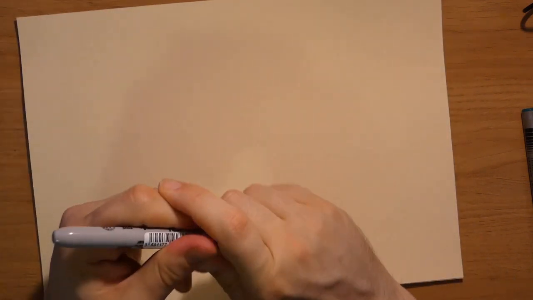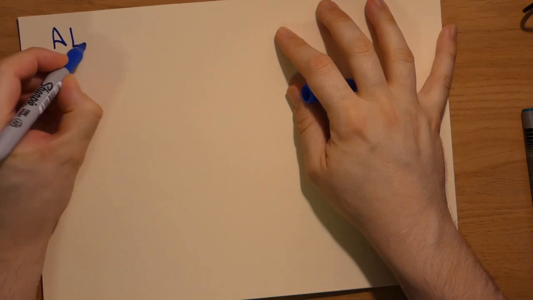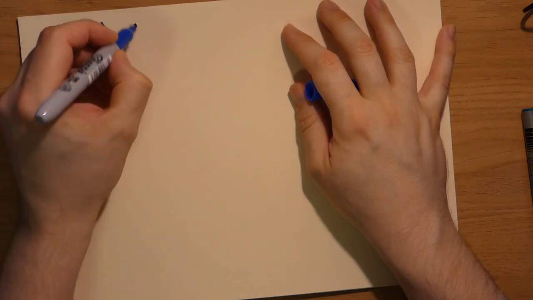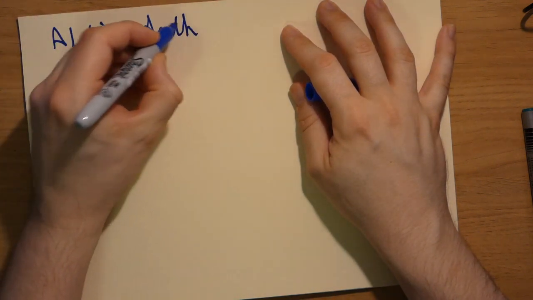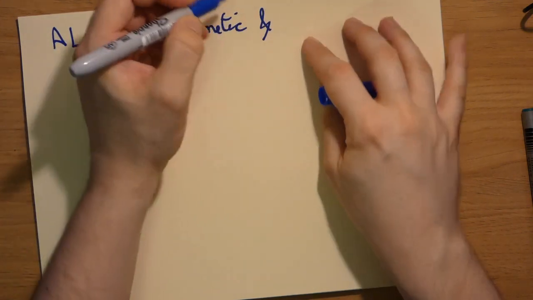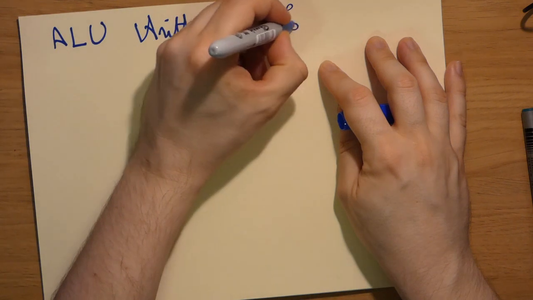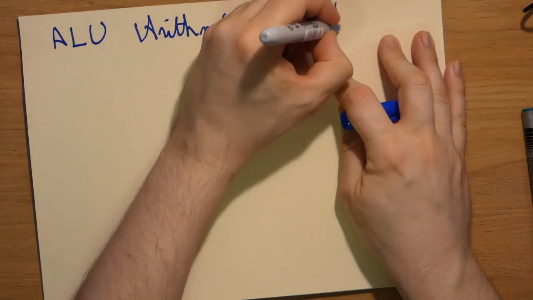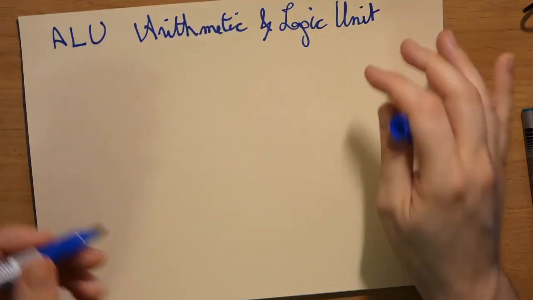Okay, so we've discussed the periodic table, transistors, logic gates, half adders, adders. What's the next level up? It is the ALU, the arithmetic and logic unit.